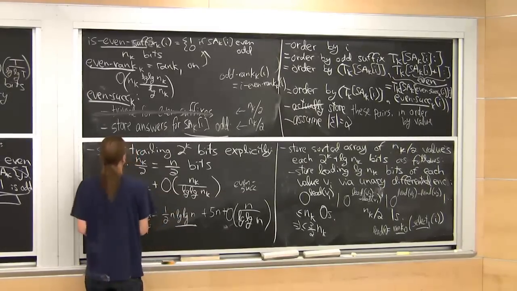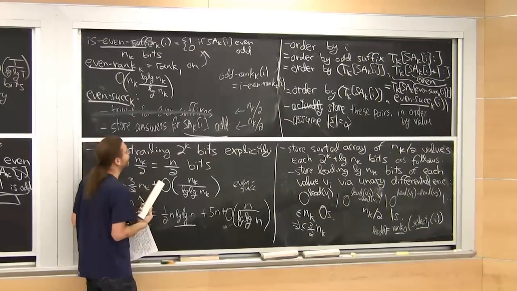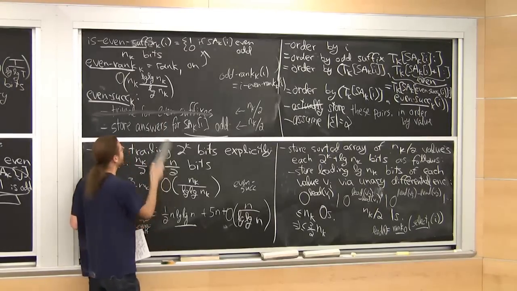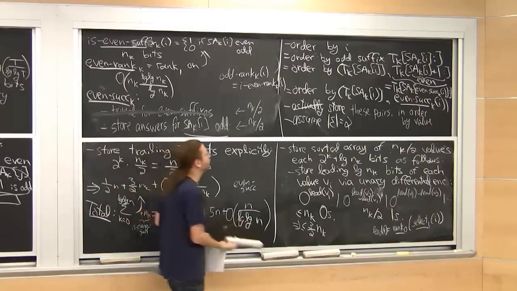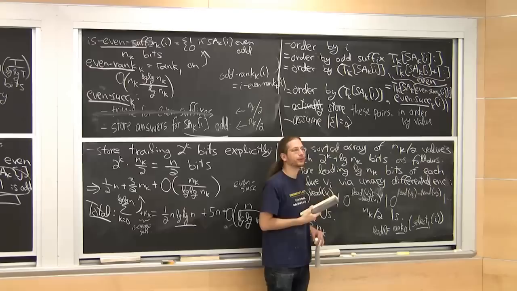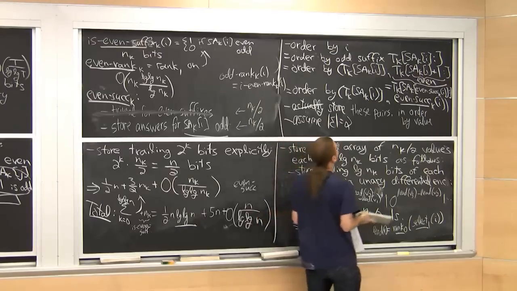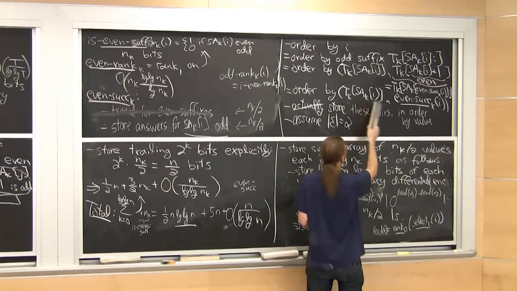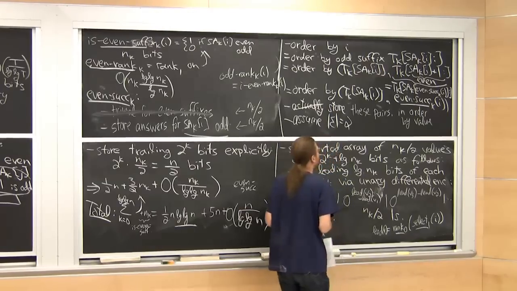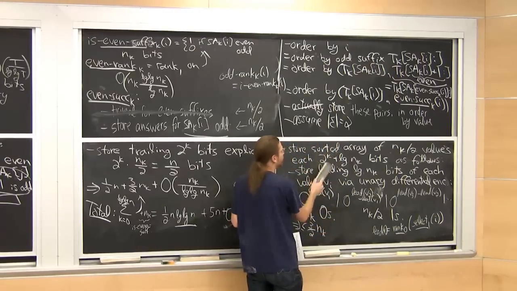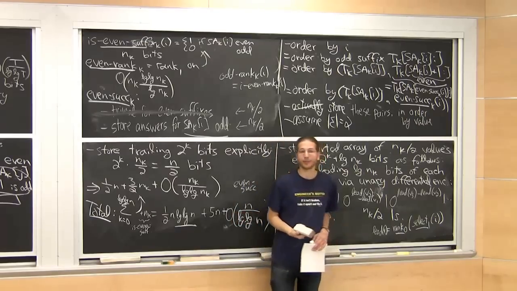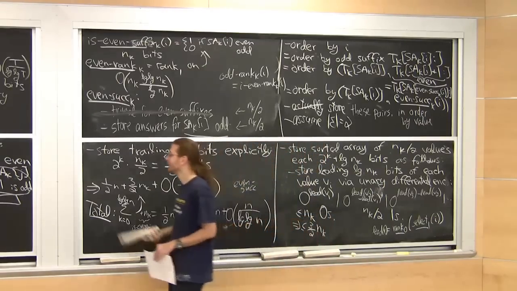But 1 over 2 to the epsilon L are going to be even, so it's very few. So you still have to store all the answers, basically. But you can do all this ordering trick, it still works. We weren't really exploiting the fact that it was odd. And now this is not a single character, it's a bunch of characters. But still, so now instead of 2 to the k, it's probably 2 to the k epsilon L. But it all works out.